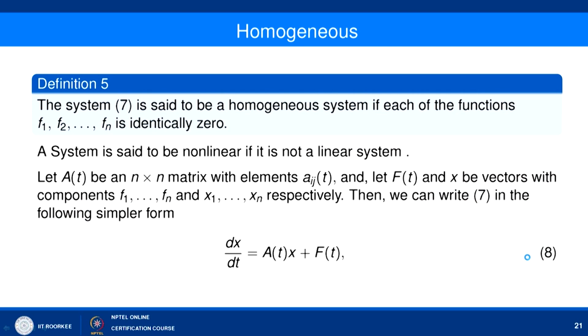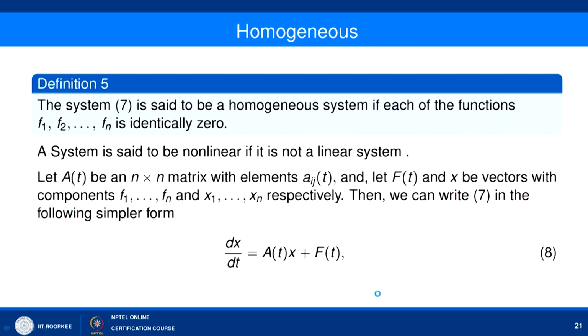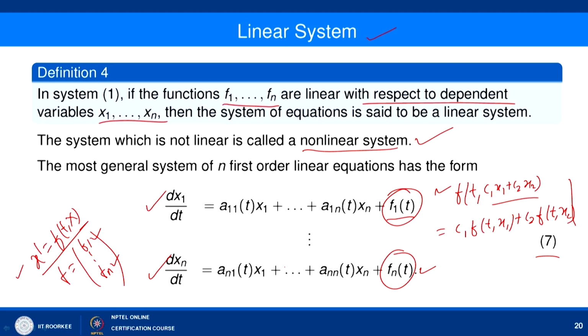Now, if in the system 7 all the right hand side functions f1 t to fn t are the zero function, then we call the system 7 a homogeneous system. So, these are functions that do not involve any dependent variable; they are functions of the independent variable t only.